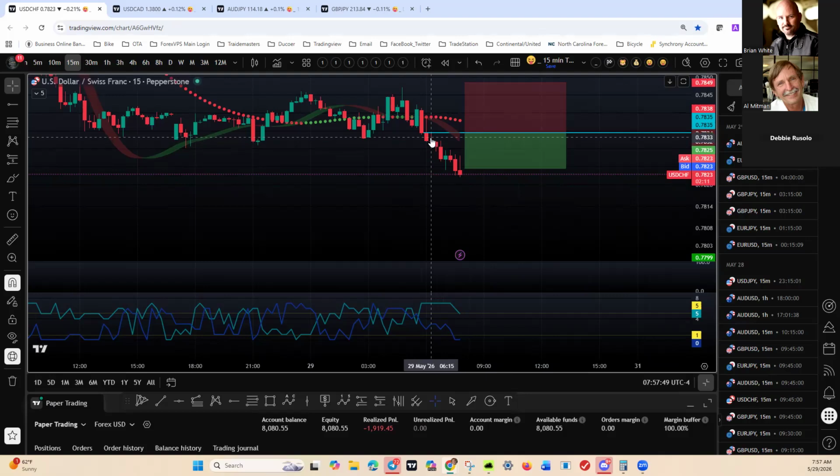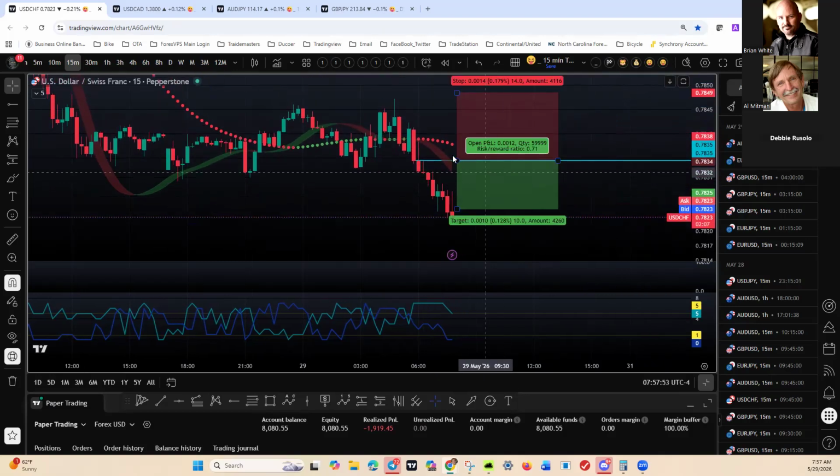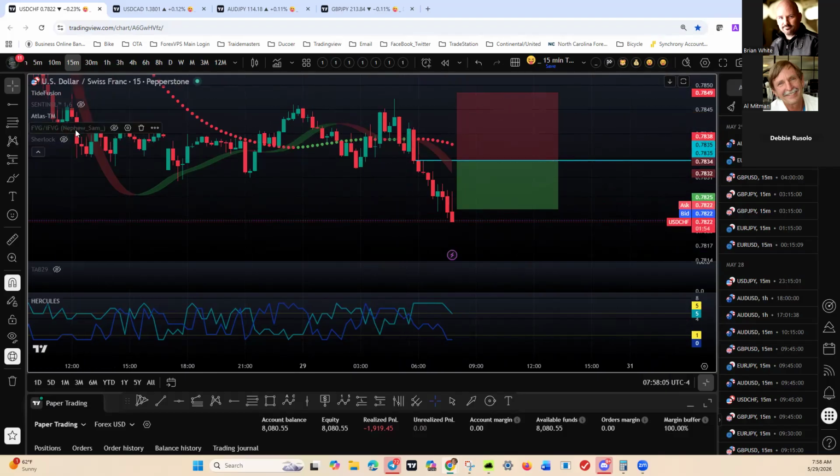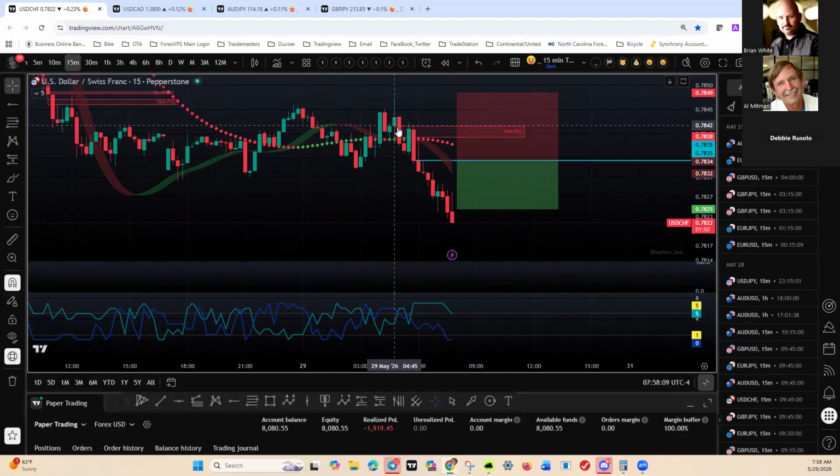And oftentimes the other thing too is I like to see that fair value gap. If there is no bearish gap right here, I like to see a bearish gap somewhere in the way there. But right now I'm not seeing any. There's a bearish gap right here. Here's the close.